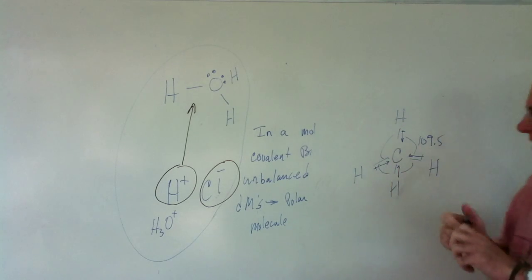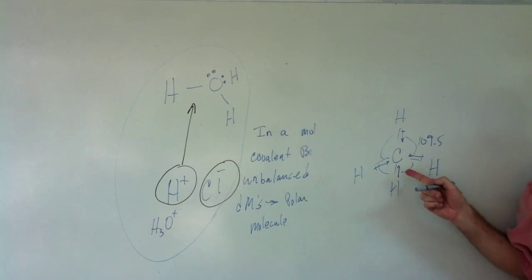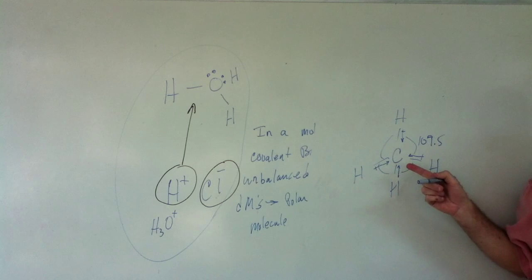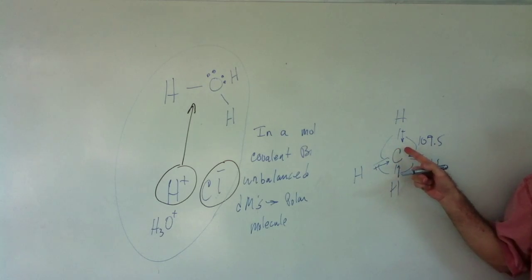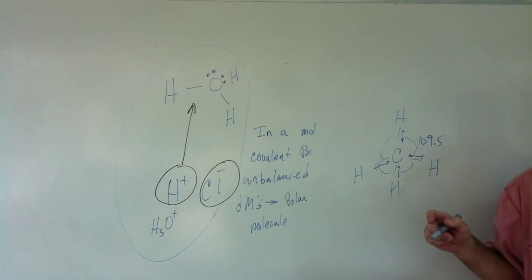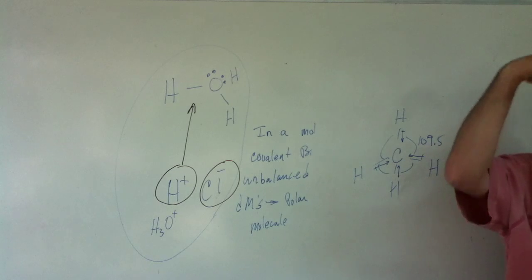That's a symmetric molecule. You see that? They're all symmetrical. All those moments are directed towards the center of the molecule. And there's 4 of them, and they're all equal angles around.